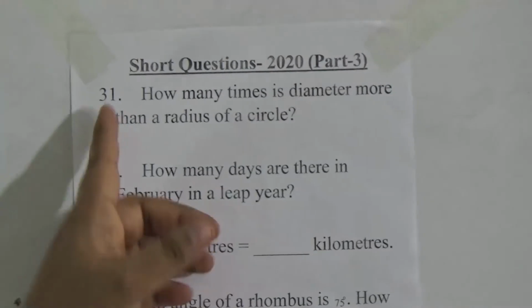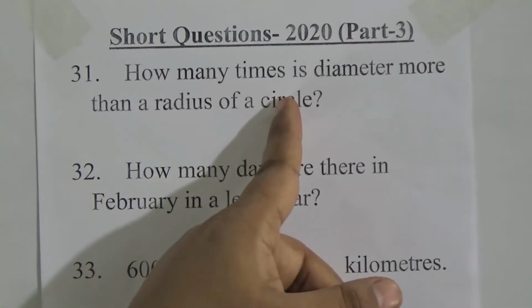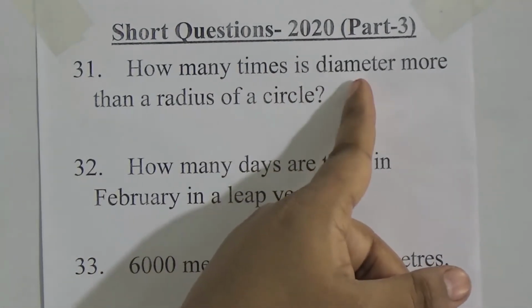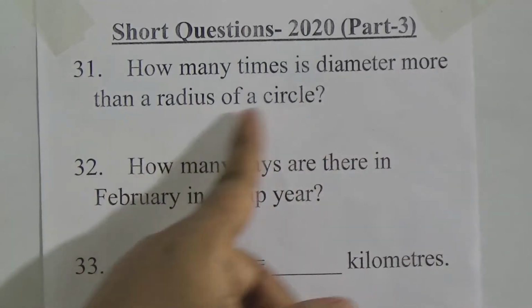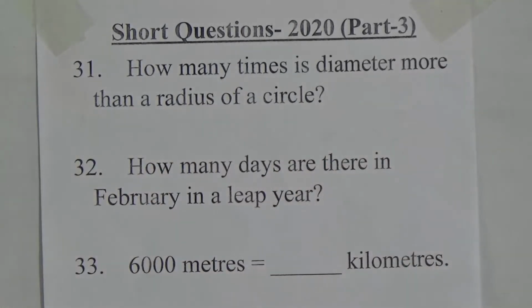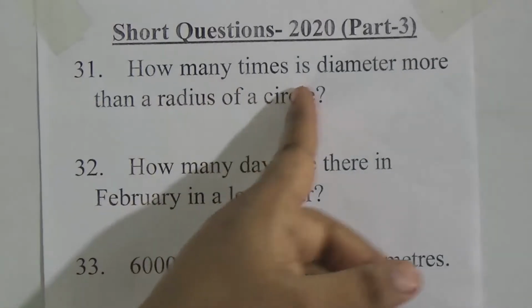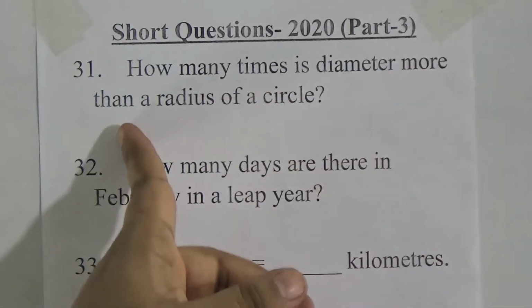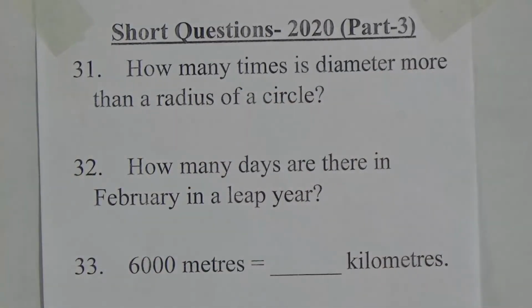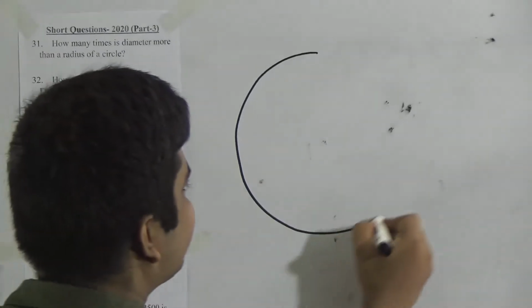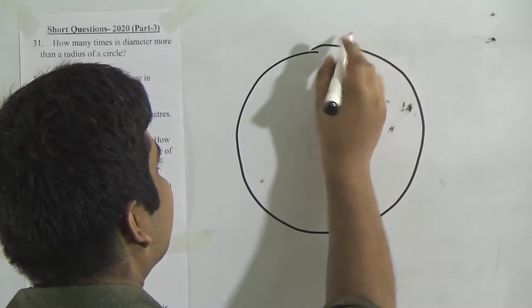Our first question, please notice, 31. How many times is diameter more than a radius of a circle? I repeat, how many times is diameter more than a radius of a circle? At first we draw a figure of a circle.